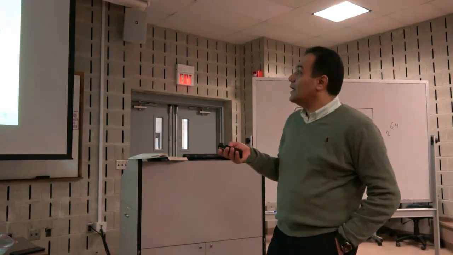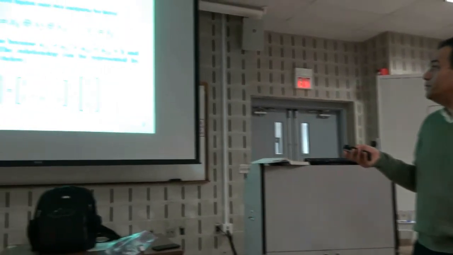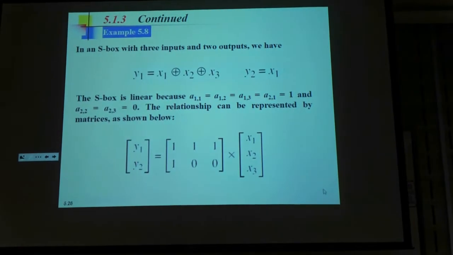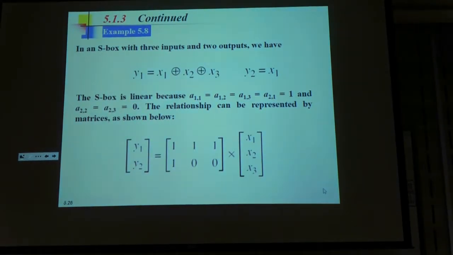So the S box is linear because we could build it like this. Y1 equals 1 times X1 plus 1 times X2 plus 1 times X3. That will give you Y1. Y2 will equal, with matrix multiplication, very simple, right? Multiply rows with columns. You multiply here 1 times X1, 0 times X2, 0 times X3, which will give you X1.